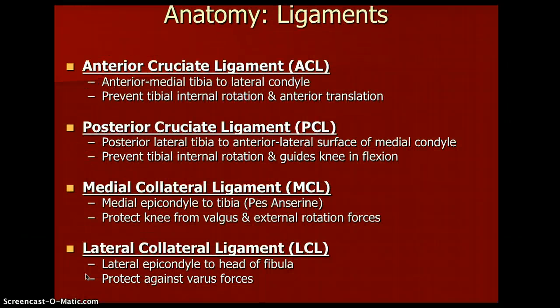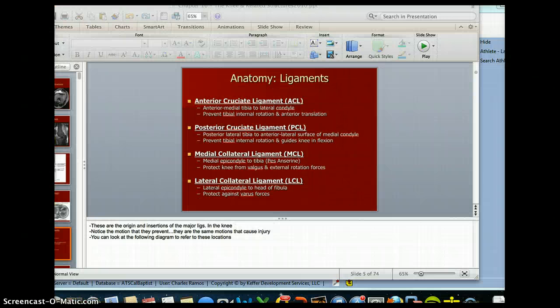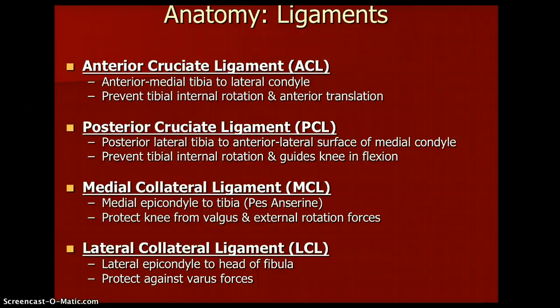The next four things that we're going to look at are the ACL, PCL, MCL, and the LCL. So as you look at the first bullet point under each ligament, it's going to describe to you the origin and the insertion of each ligament. For example, the anterior cruciate ligament, it gives us the anterior medial tibia as the origin, and then it inserts to the lateral condyle.